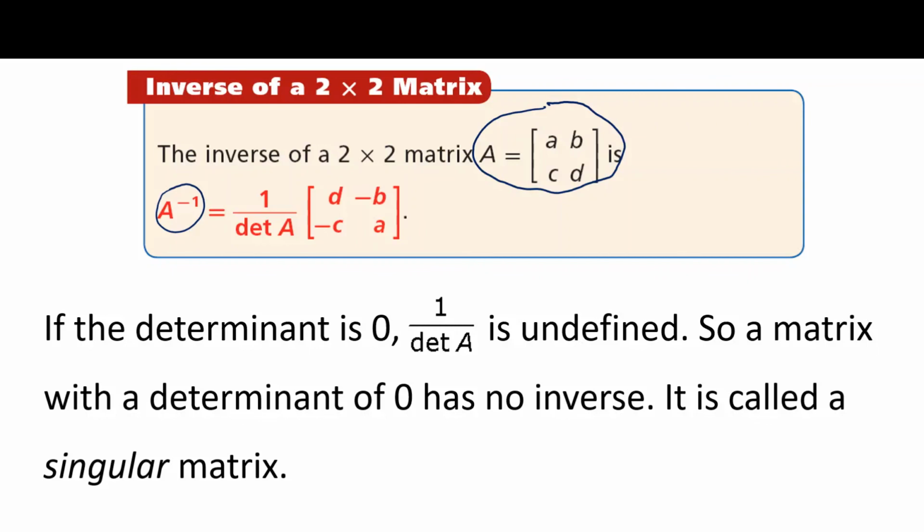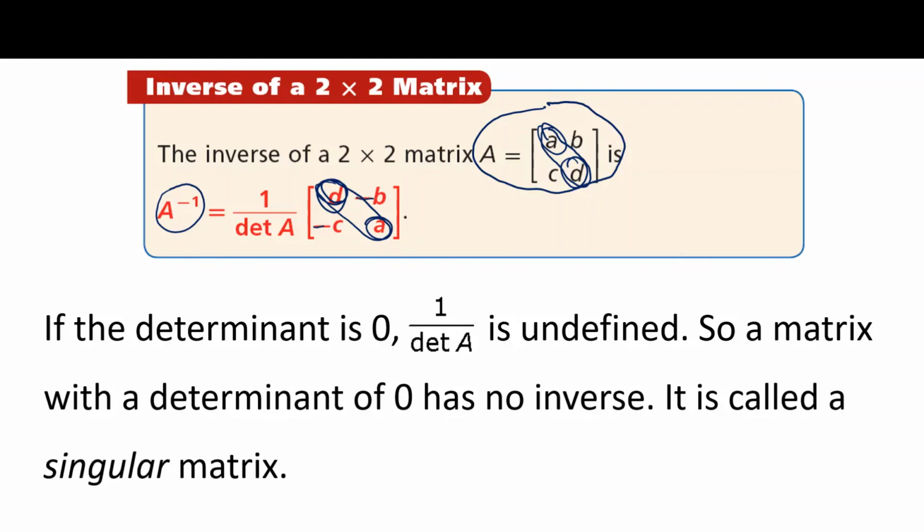And the formula to find the inverse of A is we're going to take 1 divided by the determinant of A, and then we're going to multiply it by this new matrix, which is kind of similar to our a, b, c, d, but notice that we take our a and d and we flip them. Up here I have a, and now I have it down. My d was down here, and now I have it up. So we're going to flip those, and all we're going to do to the c and the b is just take the opposites of them.